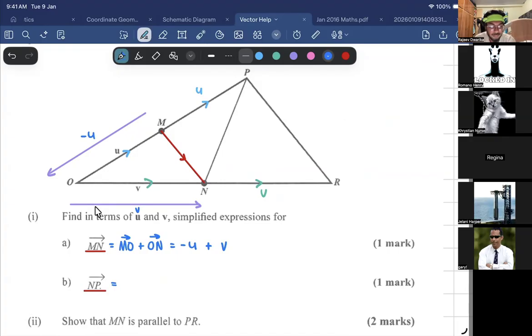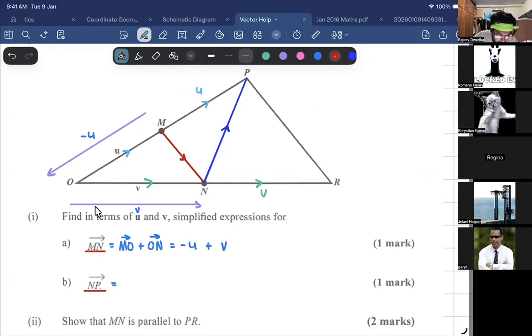We're going from N to P. So I'm gonna put on our line to show that. This would be N to P. How could I go from N to P? We're going from N to O.